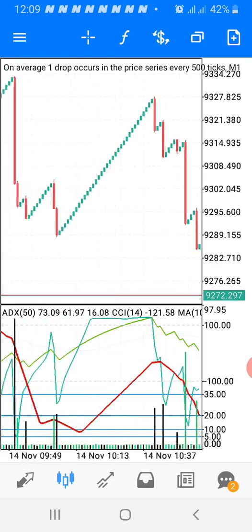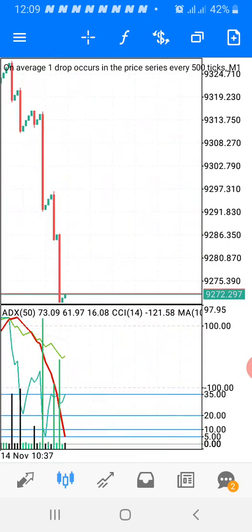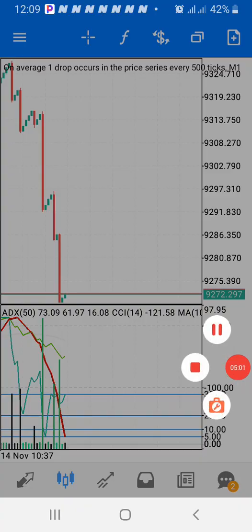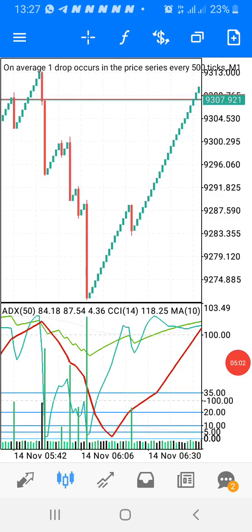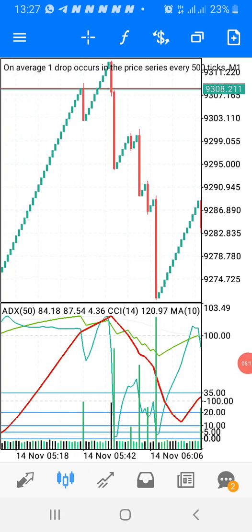So the indicator is ready. Guys, this is how this indicator works. What you need to do is watch out for this red moving average.